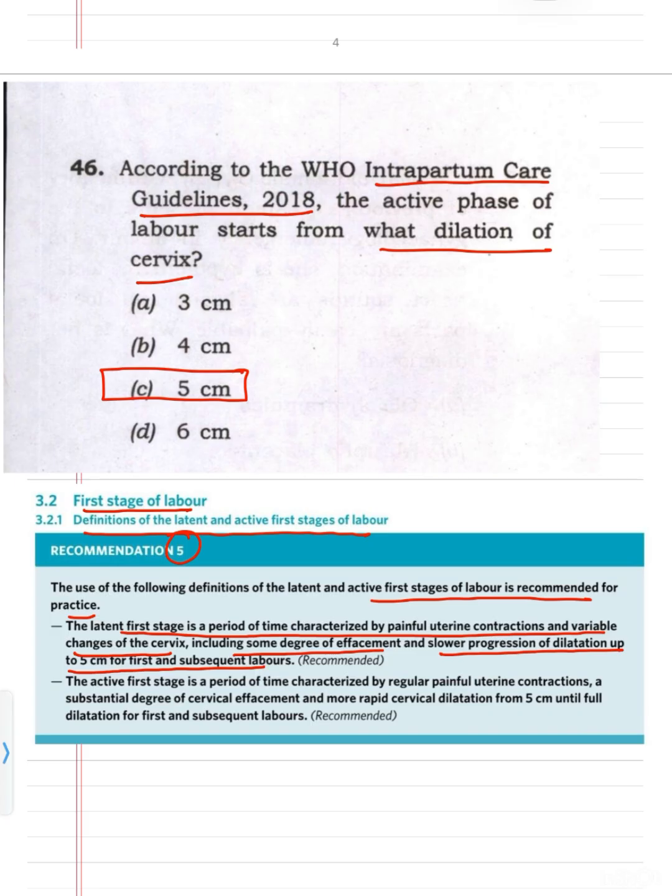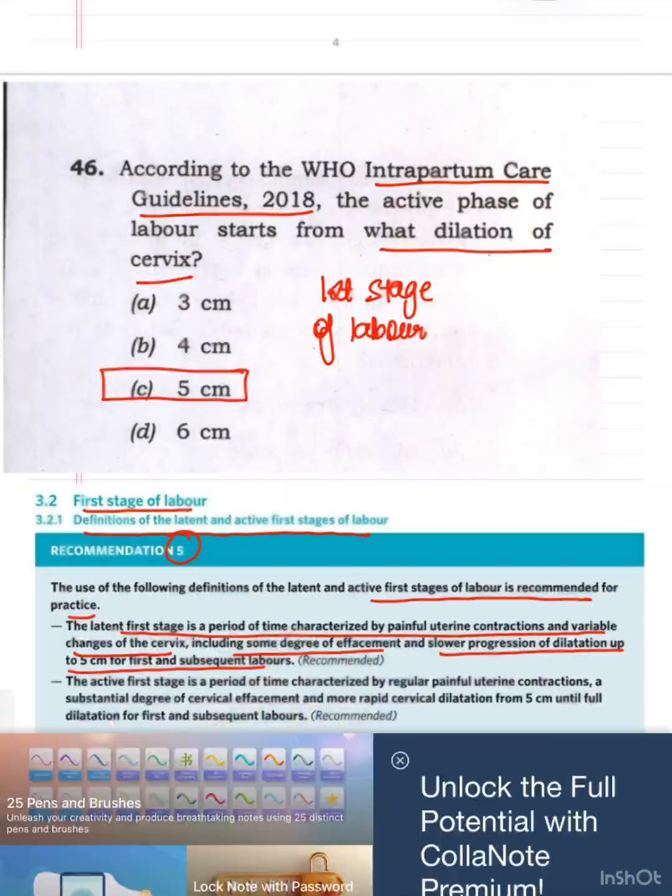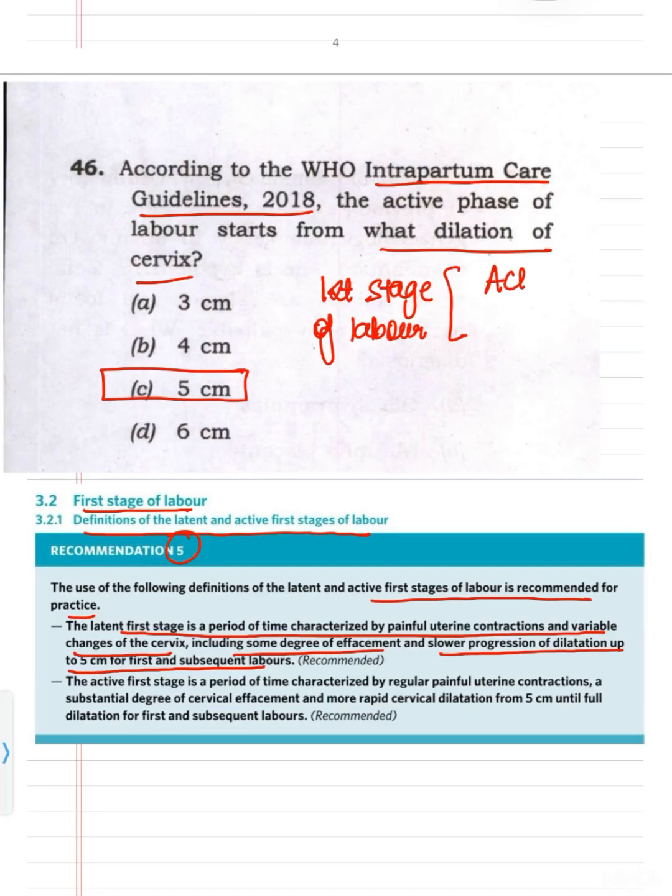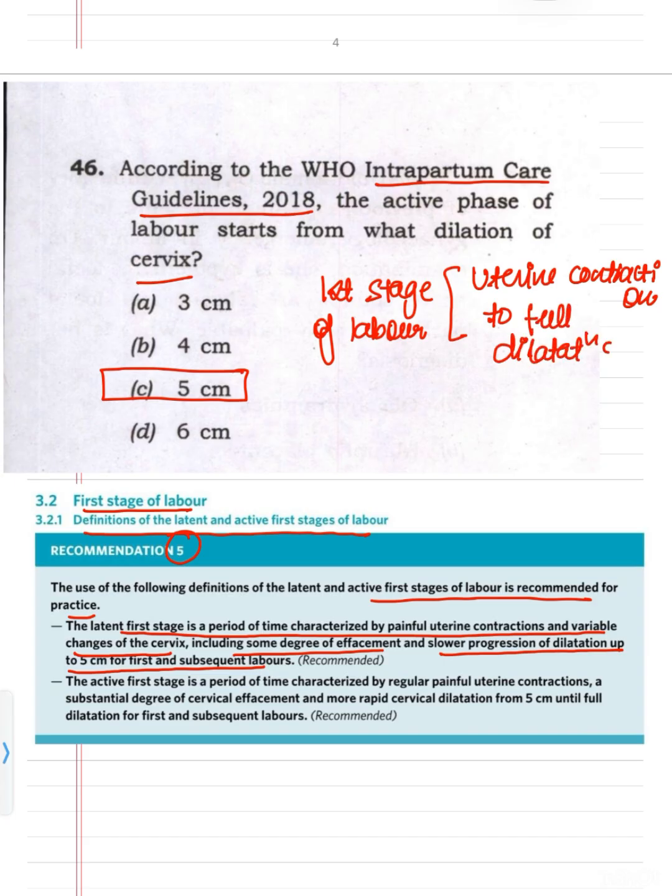So according to WHO intrapartum care, what is the first stage of labor? The first stage of labor is the period between painful uterine contraction to full dilatation of the cervix. This is known as the first stage of labor, which can be divided into the latent phase and the active stage.